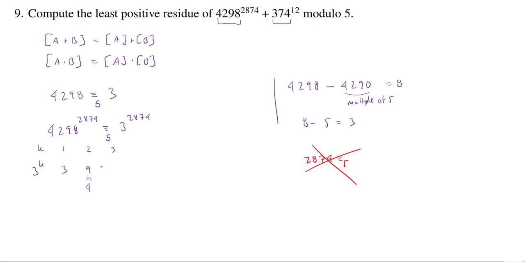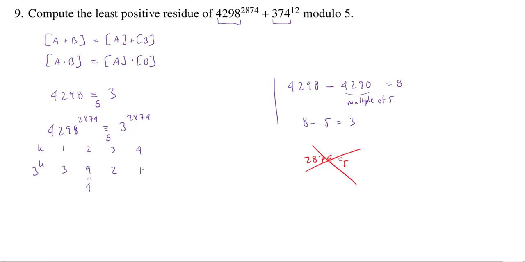Now to get the third power, I could go right to 27, or I could just multiply by 4 and get 12. Either way, modulo 5, I'm going to get 2. Fourth power, I just multiply 2 by 3, I get a 6, which mod 5 is 1.